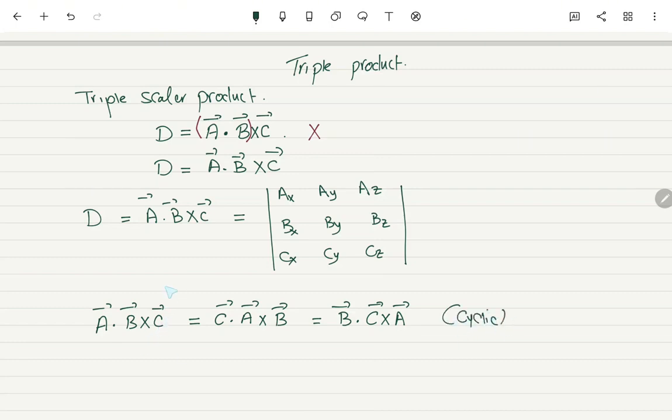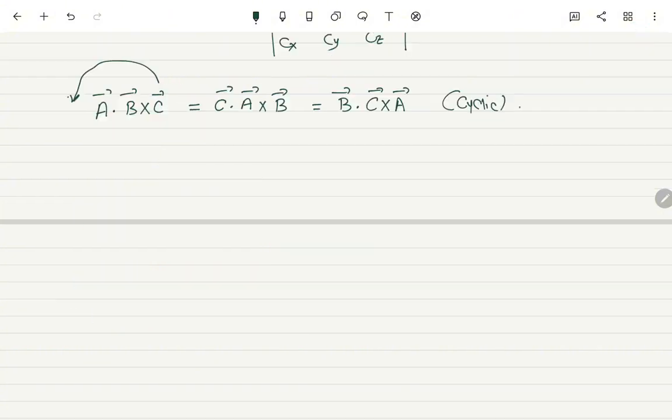Now you can move these, and keep the arrangement for them. One more note here: A dot B cross C equals A cross B dot C. Again, the priority is for the cross product, then the dot product.